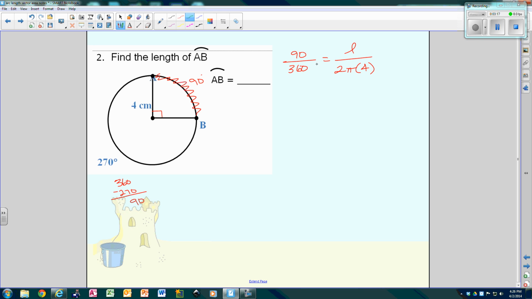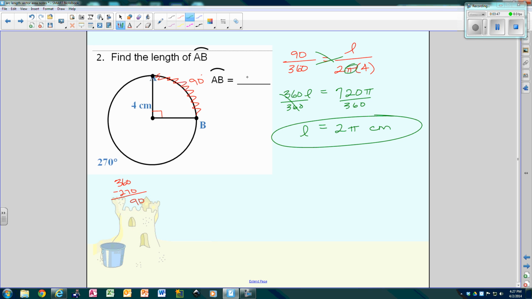Cross multiply: 360L equals 90 times 2 times 4, which is 720 pi, because pi is still there. Divide both sides by 360. 720 divided by 360 is 2. Pi is still there. So your answer is 2 pi centimeters.